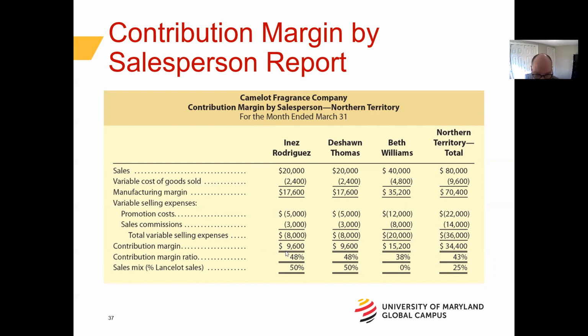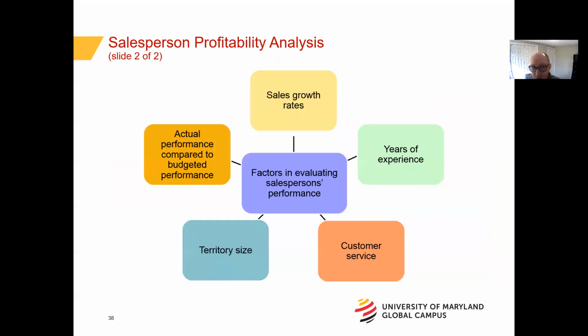The contribution margin ratio is calculated by taking contribution margin divided by sales. Interesting, right? And again, this type of analysis helps management to best focus their efforts on the right talent in order to continue to build the business.